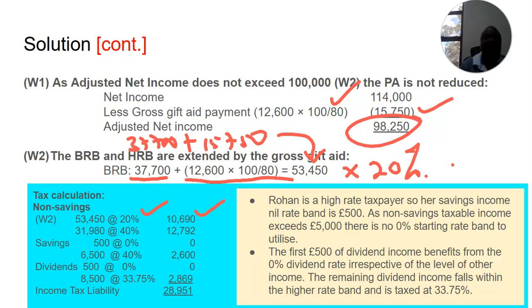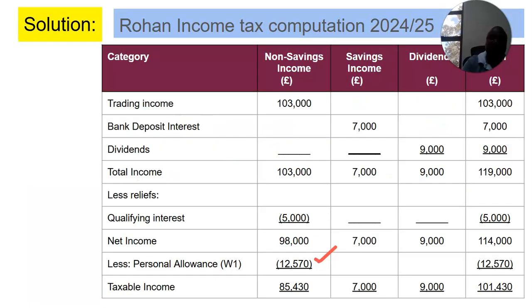Because we are dealing with the taxable income, the non-savings was 85,430.